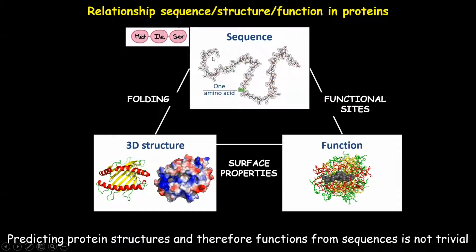One difficulty is that we can get the linear sequence of the protein from the linear sequence of the genomes, of the genes. But going from that linear sequence of amino acids to the structure is tricky. That's not trivial. Predicting these protein structures and functions is really not trivial.